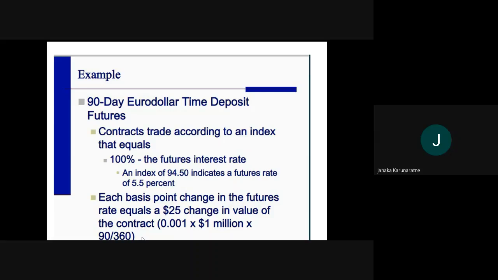So if there is a 1% change, how much would the futures price change, either up or down?